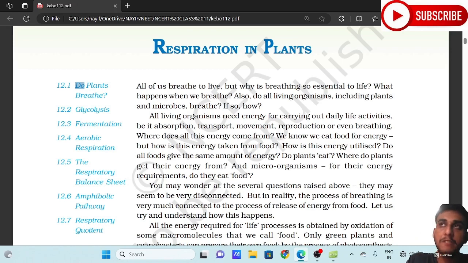Respiration in plants means plants also breathe by releasing carbon dioxide. Plants utilize oxygen and release carbon dioxide. This is known as respiration in plants. But what happens in photosynthesis? What is the purpose of photosynthesis? Photosynthesis is the production of, sorry, a carbohydrate, right? Photosynthesis requires carbon dioxide, water, and sunlight.